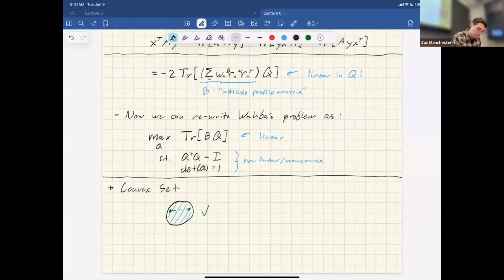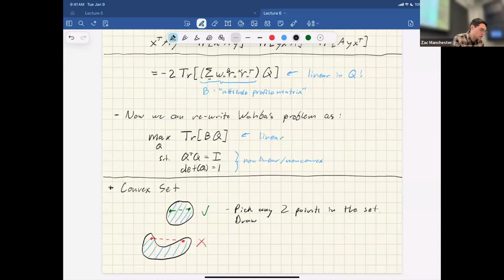I'll draw another set, the banana. And so this, for example, I can pick 2 points over here and draw a line, and that line leaves the set, right? So this is not a convex set. Okay, so pick any 2 points in the set, draw a line between them.